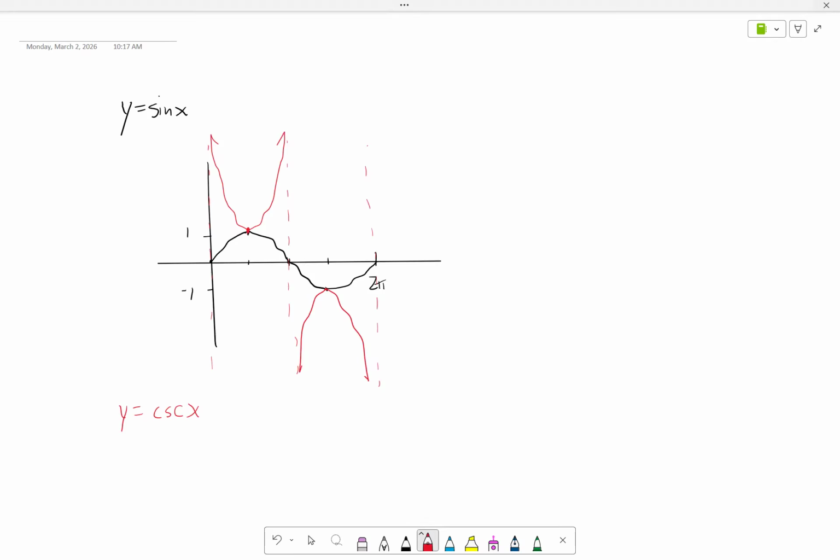What should we do next? Yeah, let's graph cosine so that we could graph secant, just from 0 to 2 pi. Same thing.